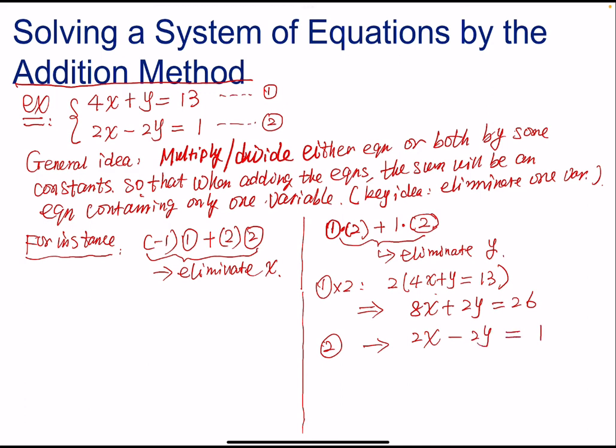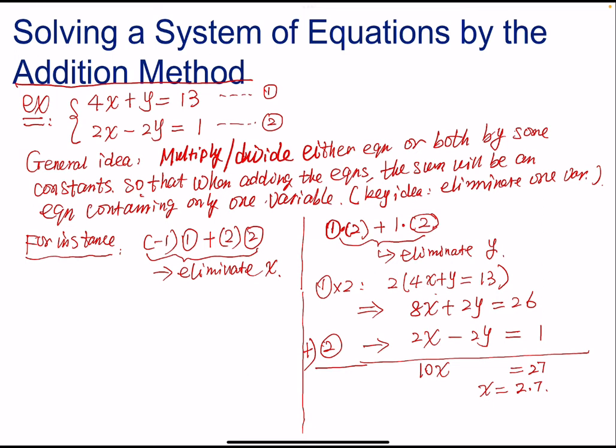Now you see if you add them up, you get 8x plus 2x, that's 10x, and 2y minus 2y, that's 0, and equals 27. And this gives you x equal to 27 divided by 10, 2.7. So you see, it gives you an easy answer for x.